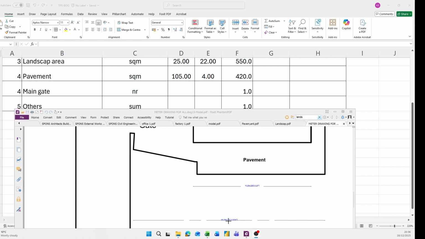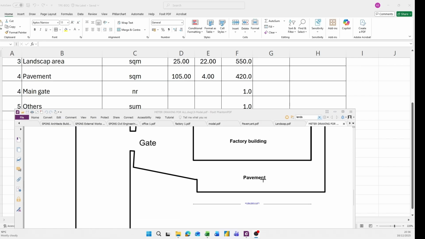So for 101 meters, I added some, so in total I put 105 meters length. We don't have any information about the width of the pavement, so I put 4 meters, because a factory building doesn't require more than 4 meters.